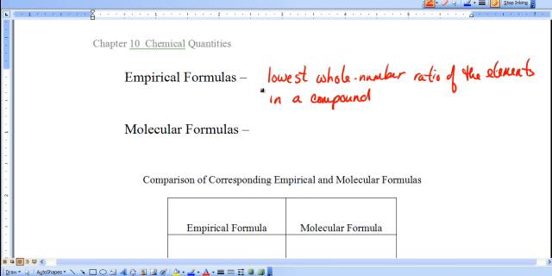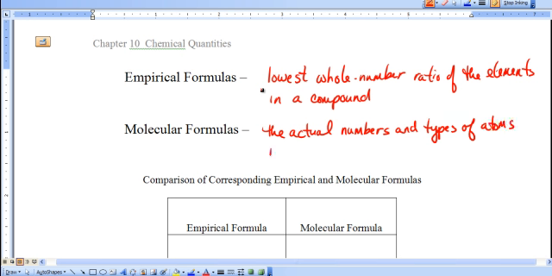The molecular formulas are the formulas you're typically used to seeing. The molecular formulas can tell you the actual numbers and types of atoms in a compound.